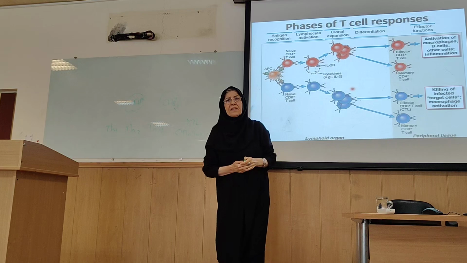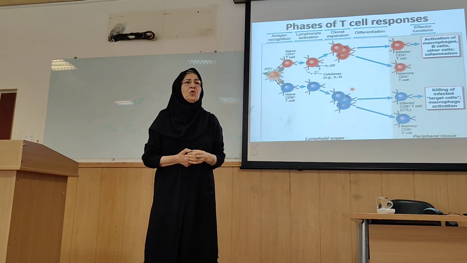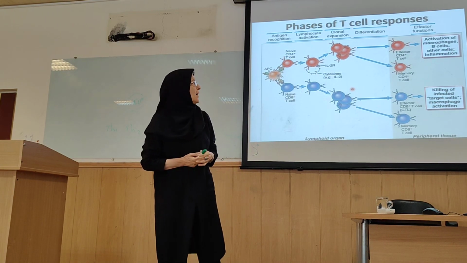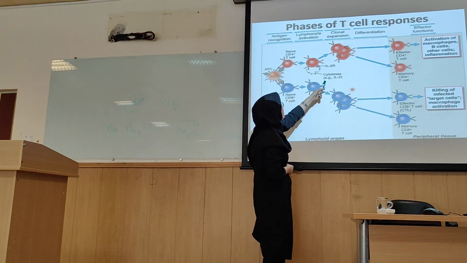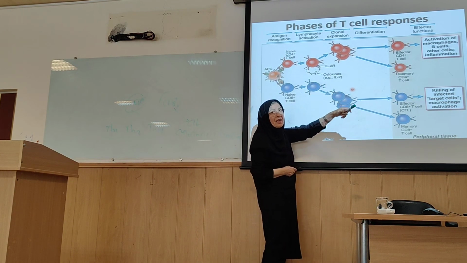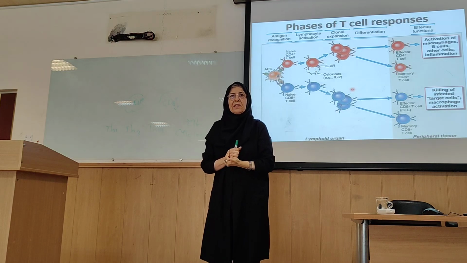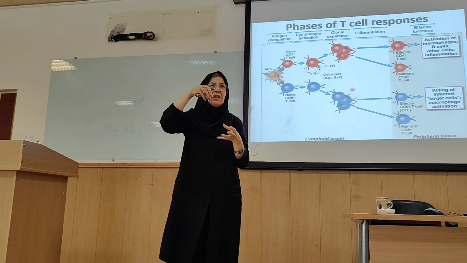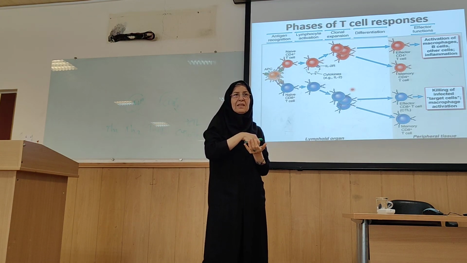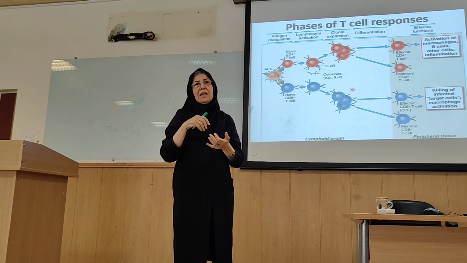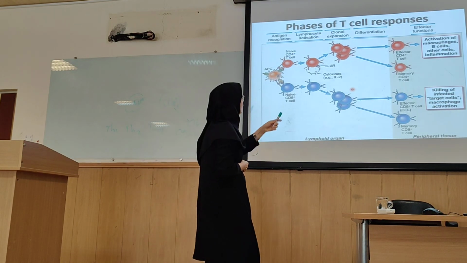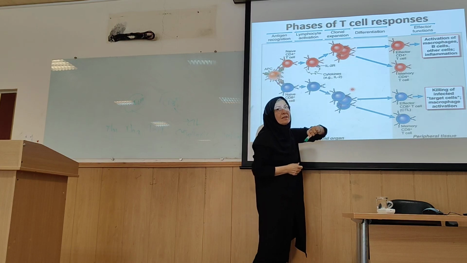This cytokine is an activator of the T cells and has an autocrine effect and a paracrine effect. It can affect the T cells that produce interleukin 2 themselves and other T cells.